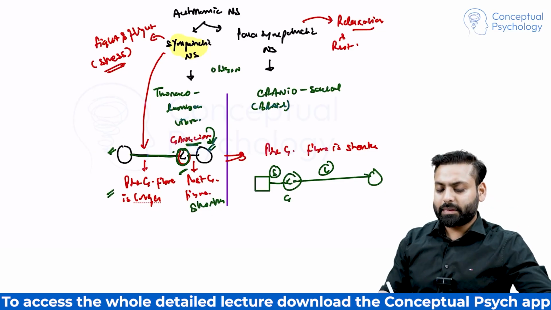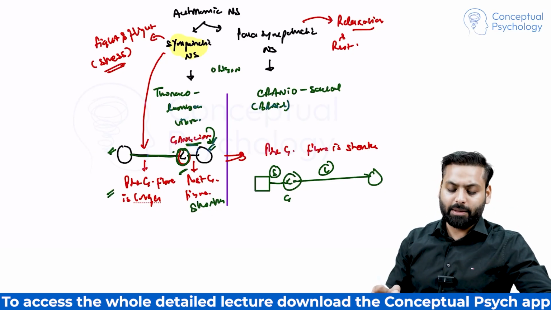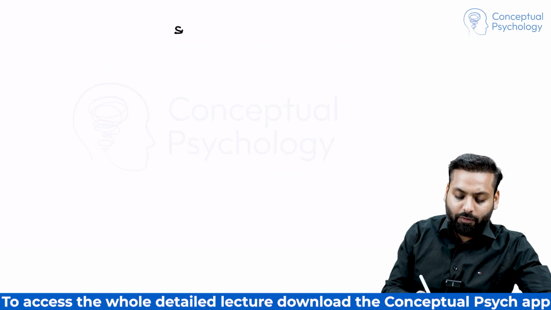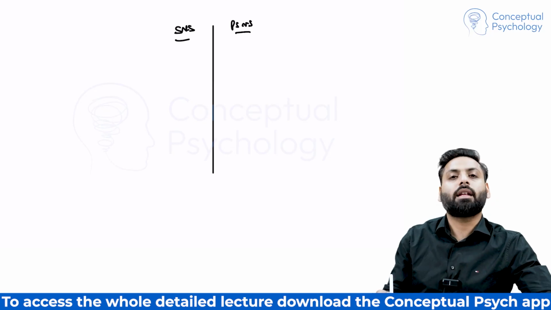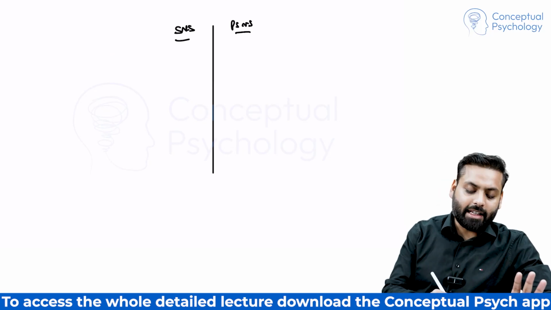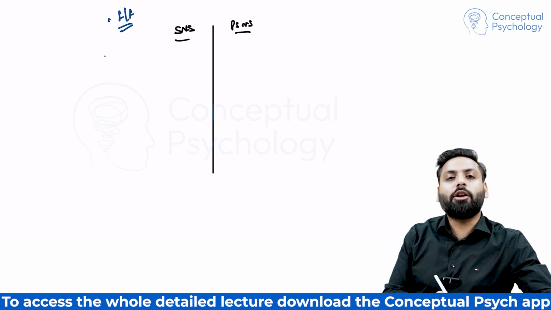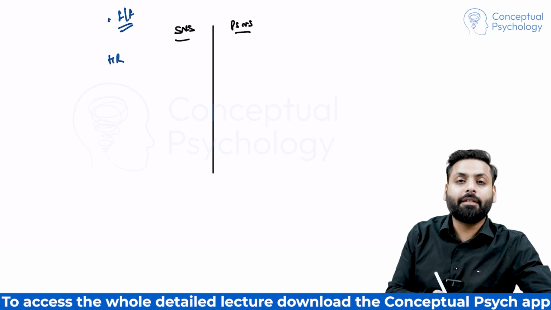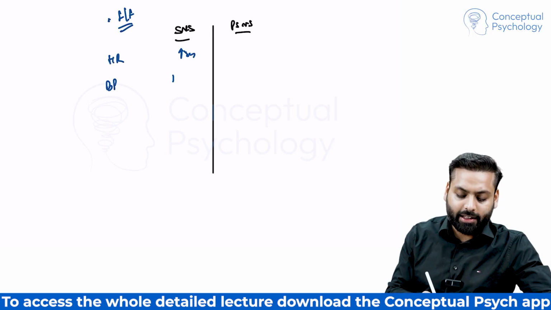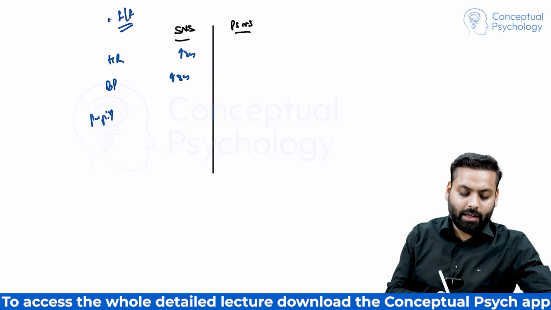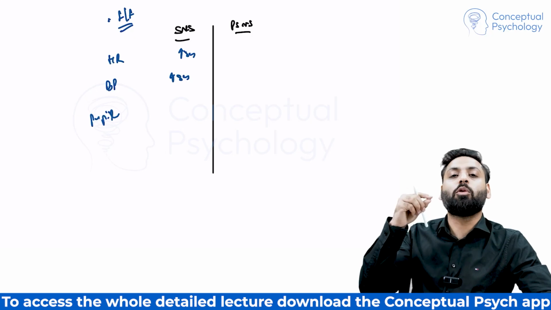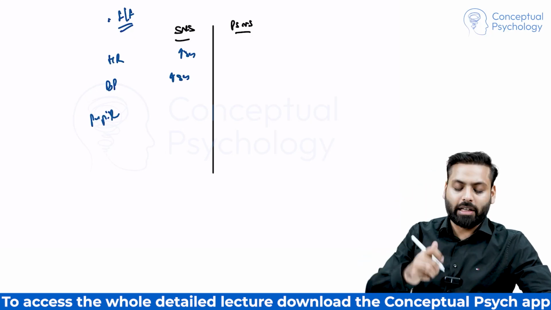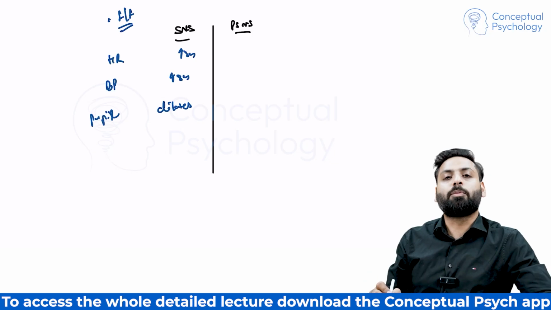Now you will tell me the functions of the sympathetic and the parasympathetic nervous system. Come on, fast. For the sympathetic system, just remember fight and flight. When you are running, when you are fighting, heart rate increases, BP increases. The pupil, because you have to run and see at a longer distance, you want more light to enter, so the pupil dilates.